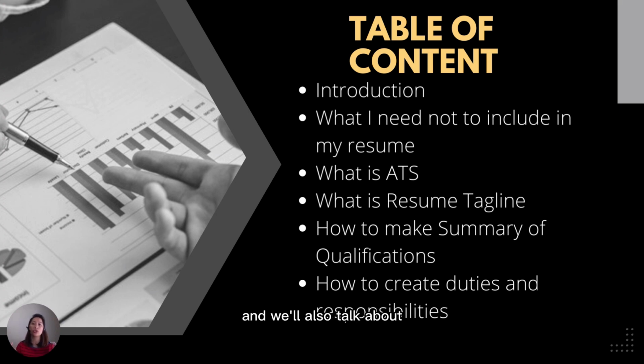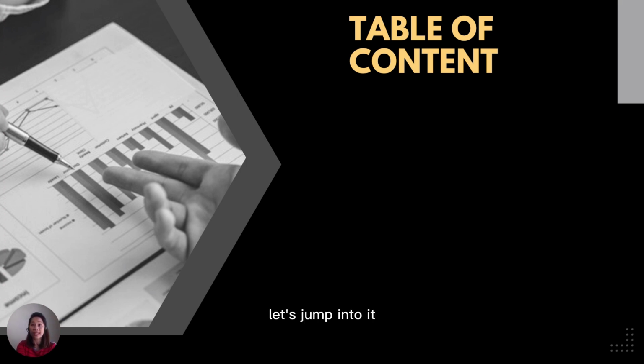We'll also talk about how to make a summary of qualifications that really works, and how to create duties and responsibilities, when to use the past tense and when to use the present tense in making a resume. Is this really just in the bullets or just a long sentence? How to do that? Okay, let's jump into it.